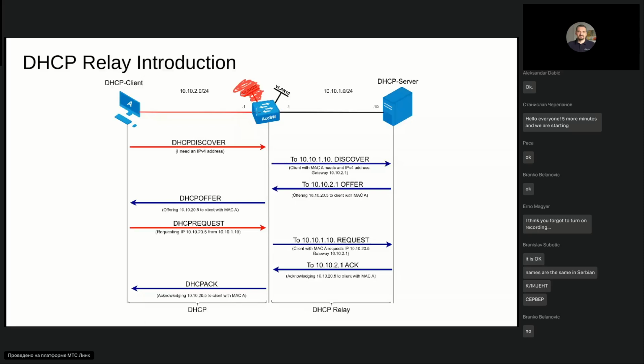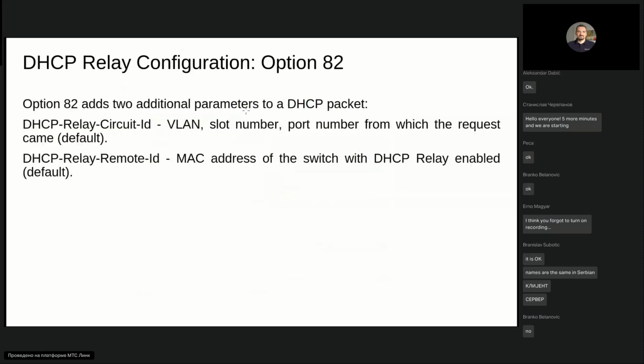What should we do in this case? In this case, we employ so-called option 82. Option 82 adds two parameters to the DHCP discover message and to all the messages that will follow. One of them is the circuit ID, and another one is the remote ID.